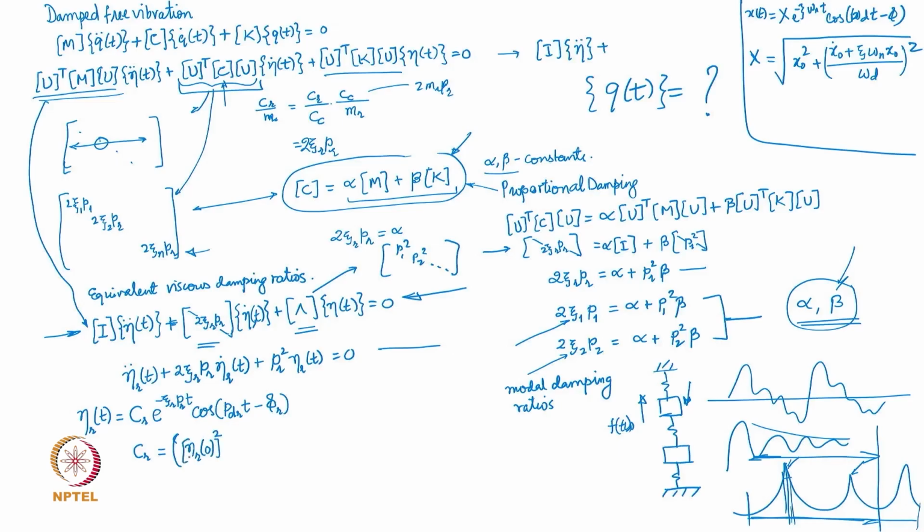So, this is x naught plus you have eta r dot naught plus zeta r pr eta r naught over pdr, whole square, and then square root of it.